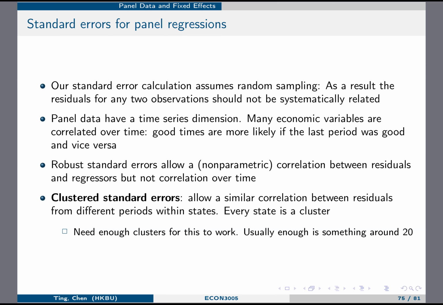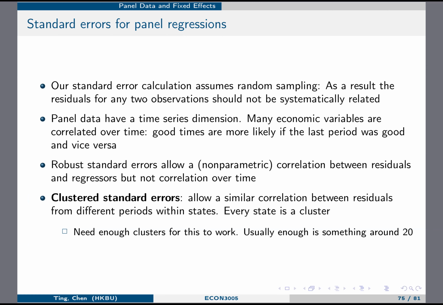So the residuals for this panel regression can actually have some serial correlation over different time periods. But in these cases, we can apply a robust standard error. We introduced a robust standard error before to deal with the heteroscedasticity problems, right?